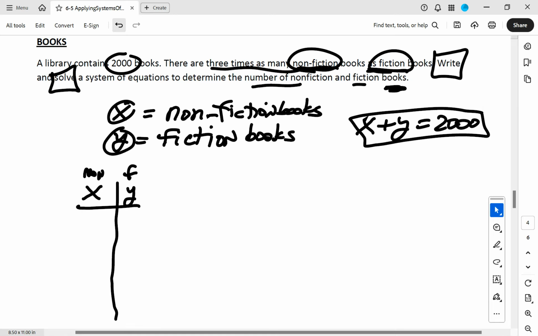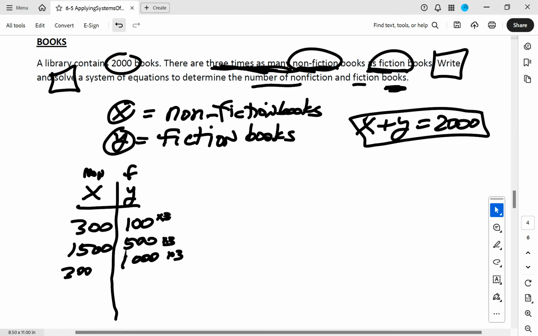So let's say for Y there was 100 of these. Well, there are 3 times as many nonfiction, so I'd multiply it by 3 to get 300 here. Or if I had 500, I'd multiply by 3 and I'd get 1,500. Or if I had, let's say 1,000, I'd multiply by 3 and I'd get 3,000.